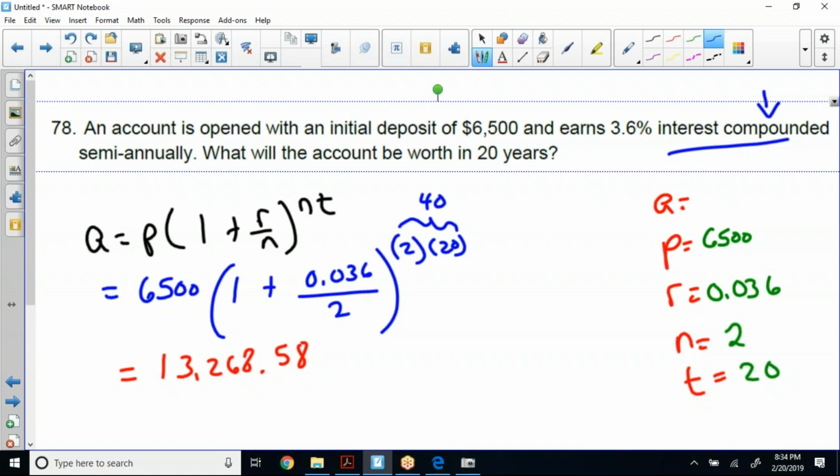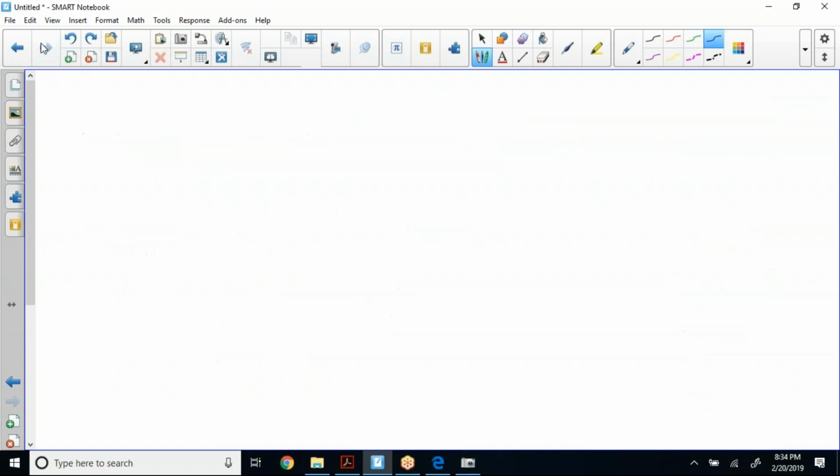Continuous is A equals P E raised to the RT. That's the same E, which is 2.71828. That's the constant exponential, right?